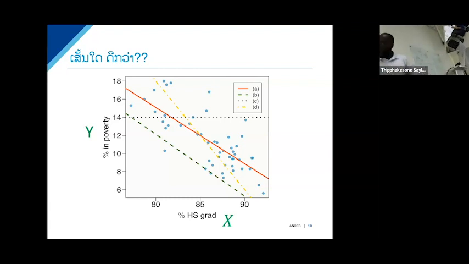And now we want to know what line we can use to really describe the relationship between X and Y. That's what we want, right? What line, what equation we can use to describe the relationship between the covariate X and the response of interest. Okay, that's really what we want to know.